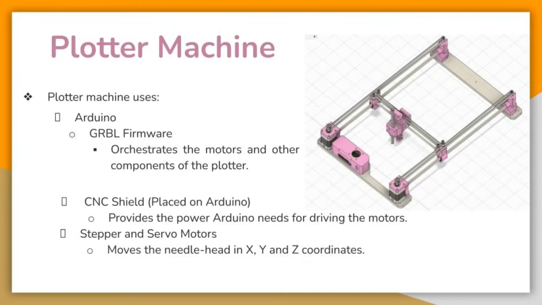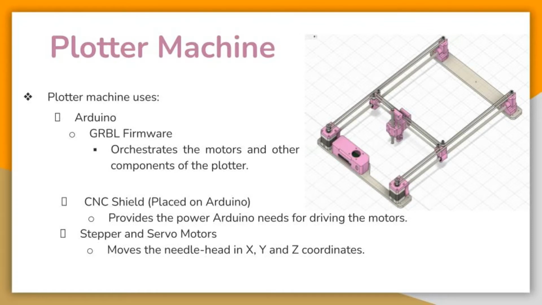Plotter machine. A basic hierarchy of the plotter machine can be described as Arduino as the brain of the plotter, takes the movement commands with the help of Grbl firmware installed on itself acting as a translator for G-code, and tells the motors where and how to move in X, Y, Z coordinates.